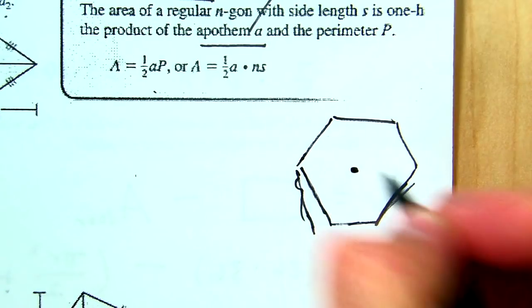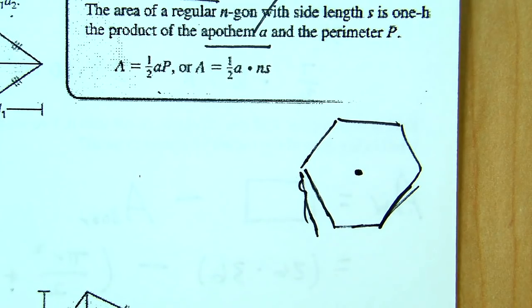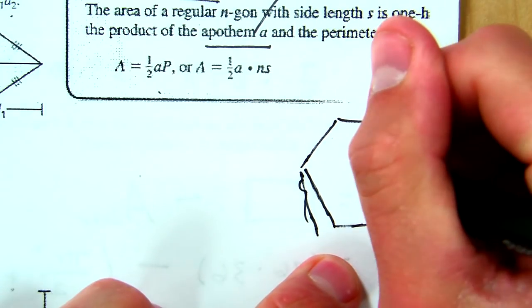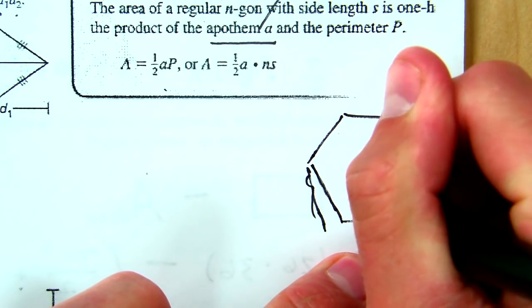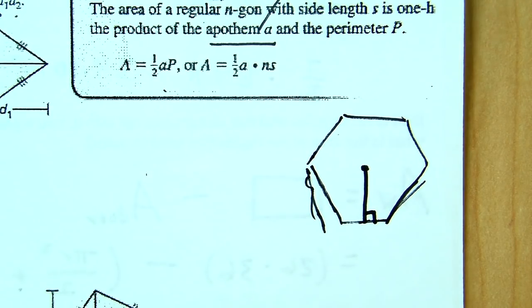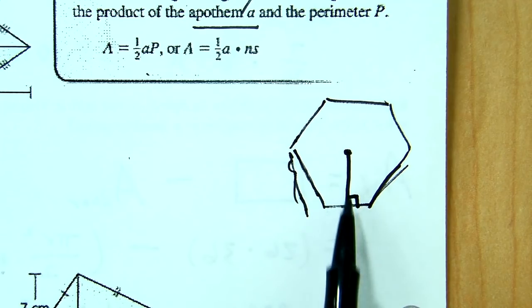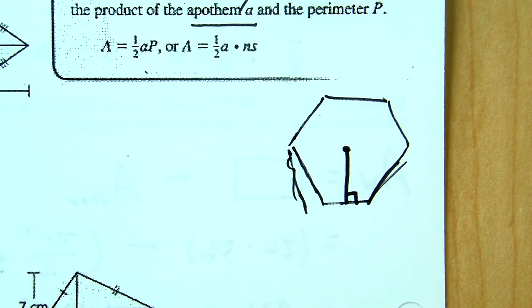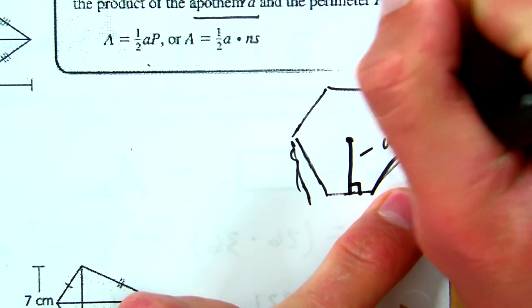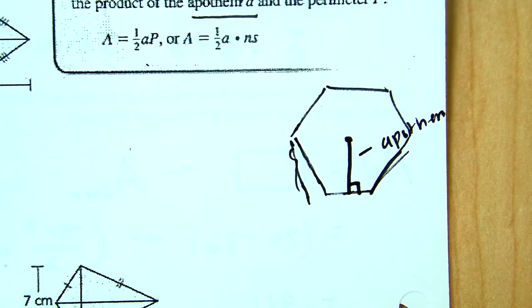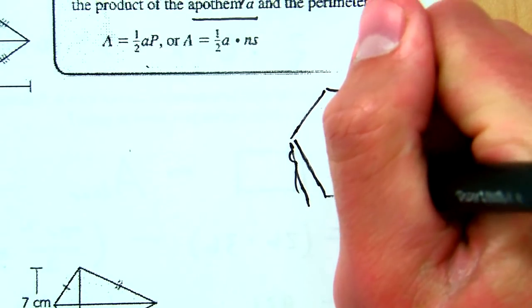Here's the center of the hexagon. The apothem would be this distance right here. It comes straight down, and it's always going to meet at 90 degrees because this is going to be a horizontal meeting a vertical. So that will always form a 90-degree angle, which will be very important for us. So this distance right here is the apothem.